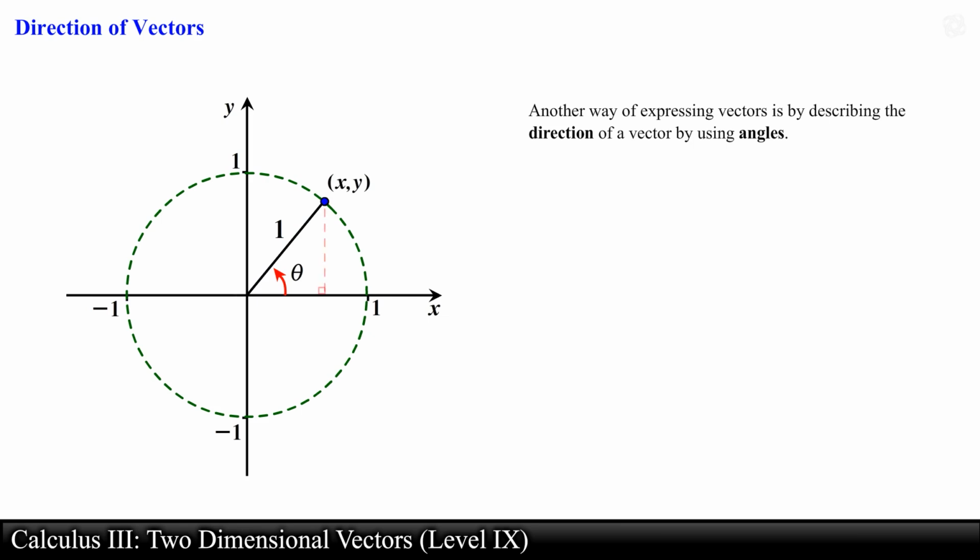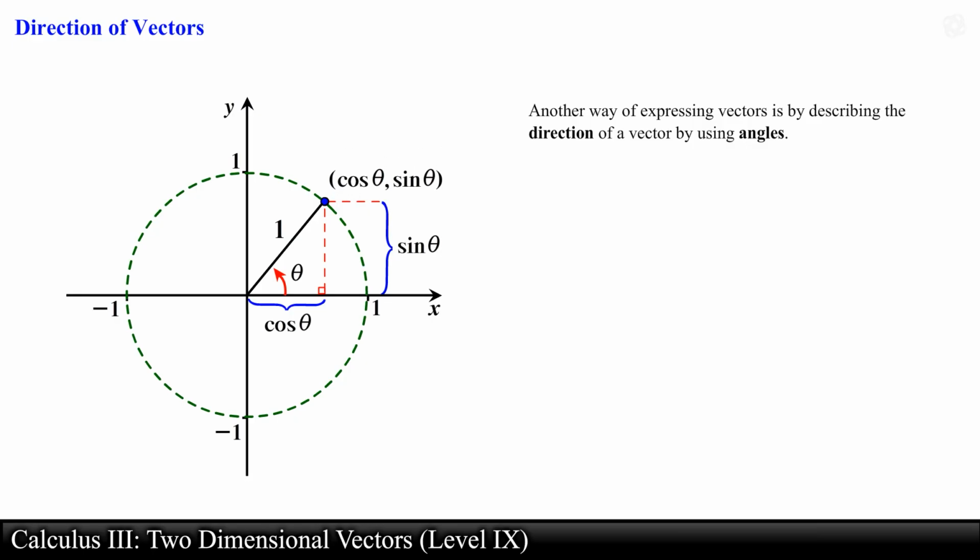In addition, we are able to construct right triangles where the lengths of the legs represented the x-coordinate and y-coordinate of this point. By using right angle trigonometry, we are able to express the x-coordinate in terms of the angle theta as cosine of theta and the y-coordinate as sine of theta.